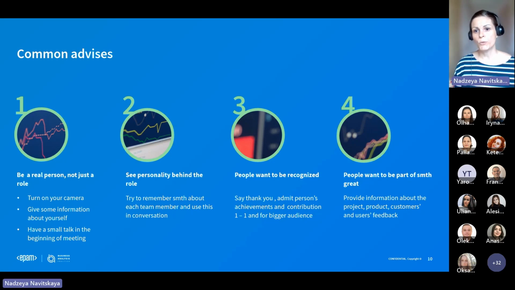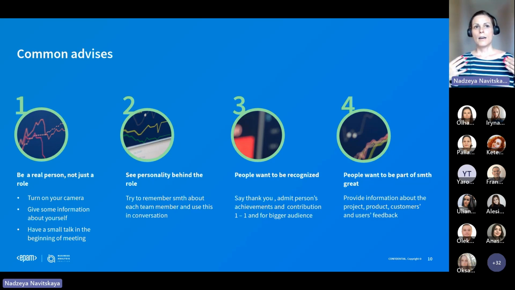And of course, people want to be a part of something great. I think we had some answers very similar to this topic, because nobody wants to be just a small part of the project. People want to understand that they do some great product. This product somehow influences people's lives, and is used by users who, for example, like it.